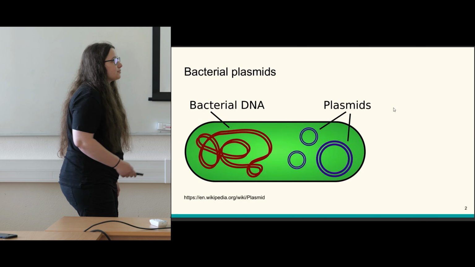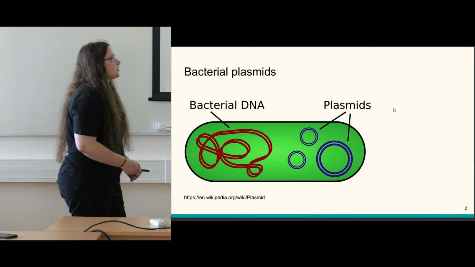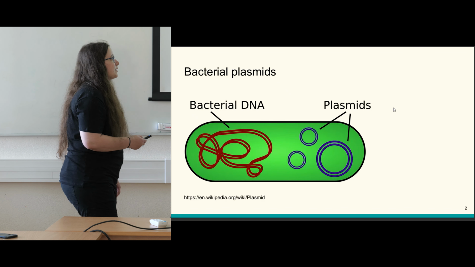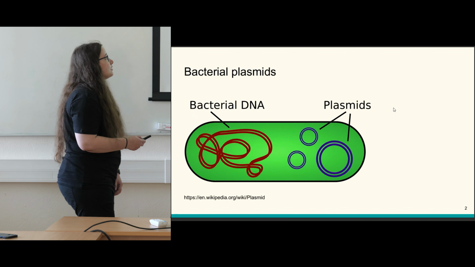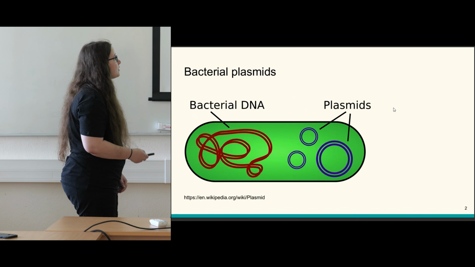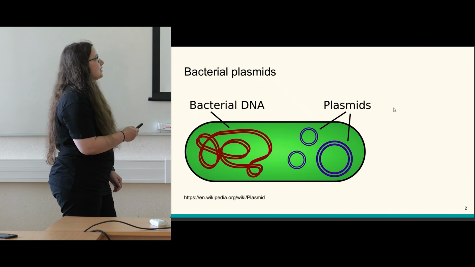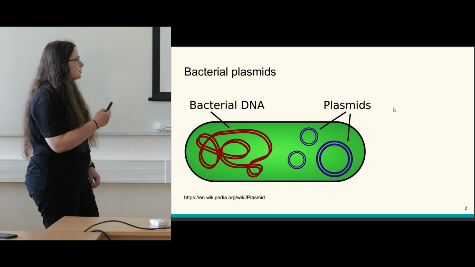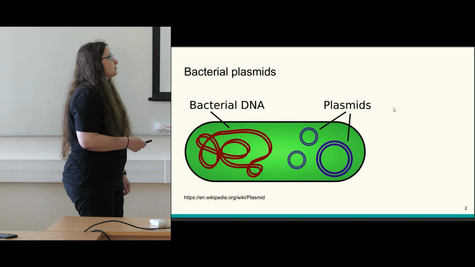In cells, either ours or bacterial, there is a molecule called DNA, which carries genetic information. And in bacterial cells, there are two types of such molecules. First is the chromosomal DNA, which carries the information that is critical for bacterial survival.